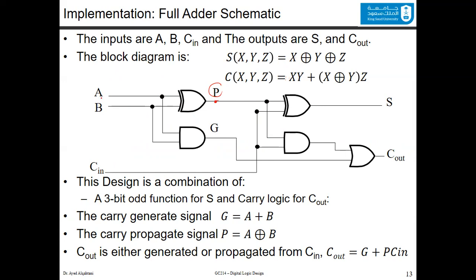So we replace the inputs X, Y, and Z. Now they are A and B, which are the two inputs that you want to add, along with a possible carry coming to that stage, the carry input. So you have A, B, and C. To have the sum, you will have the 3-input XOR. This is a 2-input XOR, followed by the last one, and you get another XOR to generate the sum.